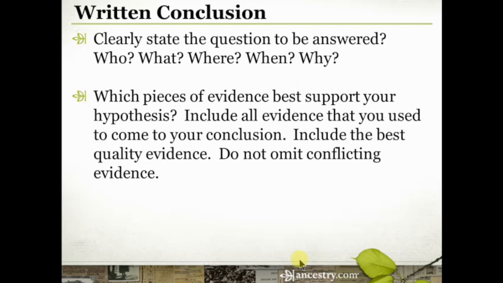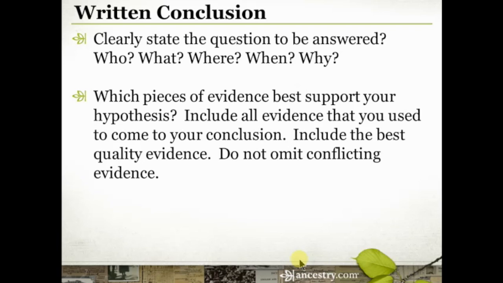Then look through the evidence you've collected to see which pieces of evidence best support your hypothesis. And you're going to want to include all the evidence that you use to come to your conclusion and include the best quality evidence, which means, again, if you've looked at a birth index and an actual birth record, the evidence you're going to want to include in your written summary is that birth record.